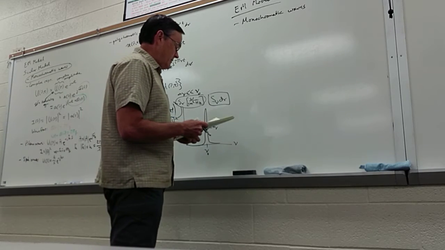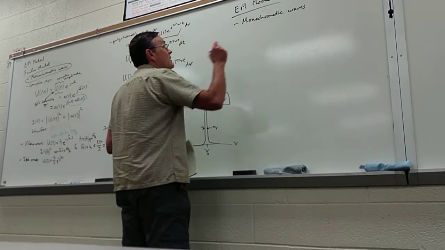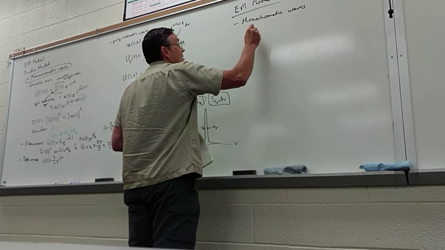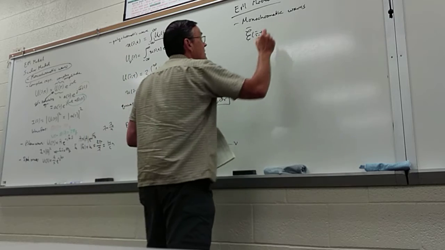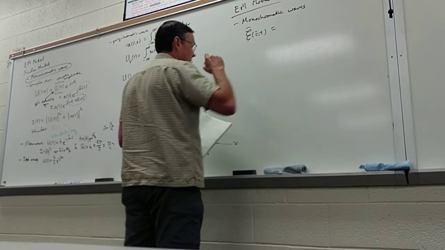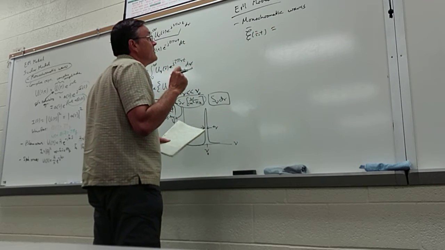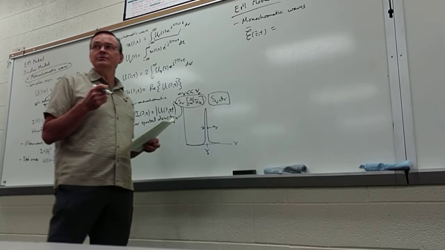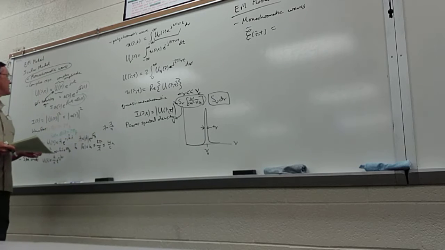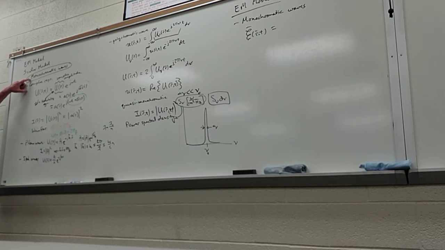Okay, so with monochromatic waves then, the electric field vector we can write in such a way that all the time dependence is in a complex exponential. But just like over here, as soon as we did monochromatic waves, we jumped to a complex representation.